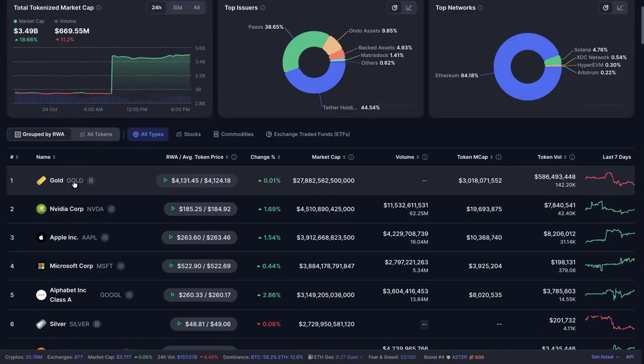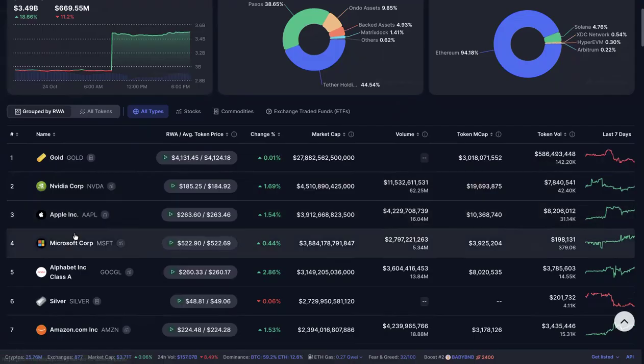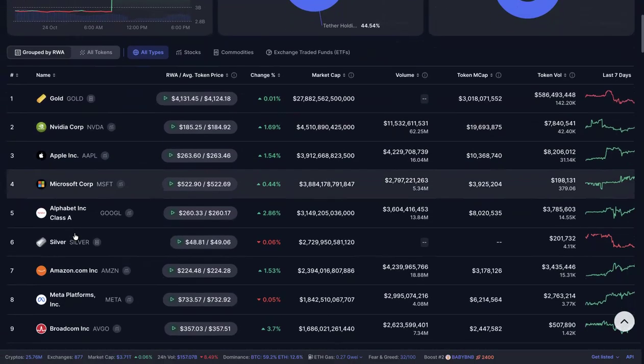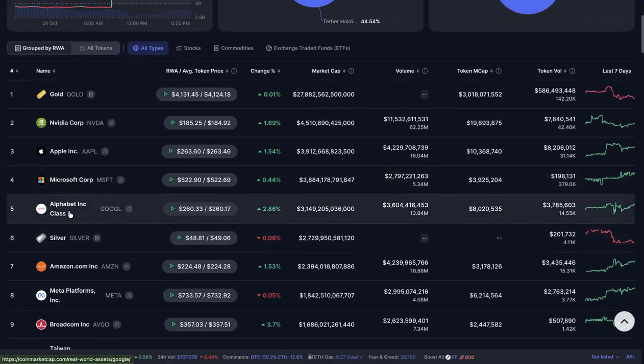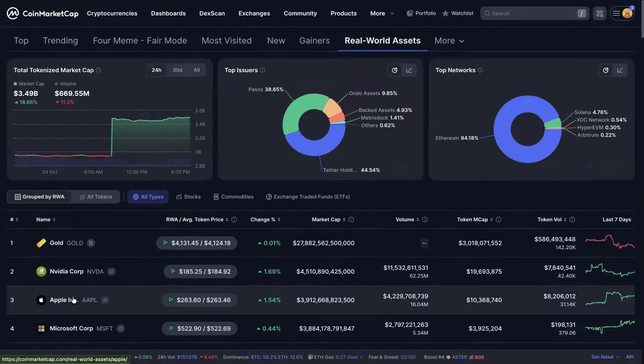You know that every money you see has to be backed up by something. Now, these real world assets are cryptocurrencies that have something backing them up. For example, this could be a tokenized version of the Apple stock, the Microsoft stock, or the Alphabet stock. So it depends on what you're dealing with.